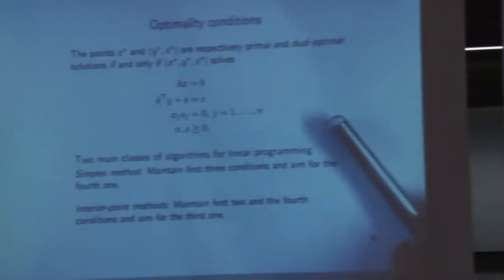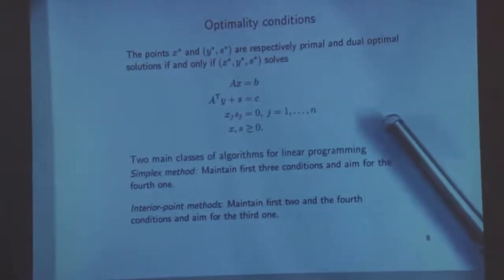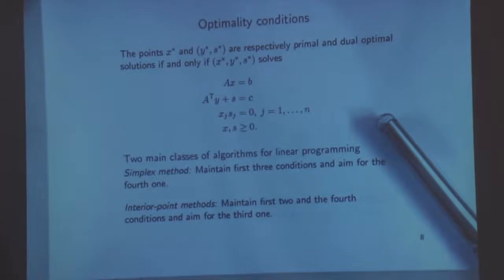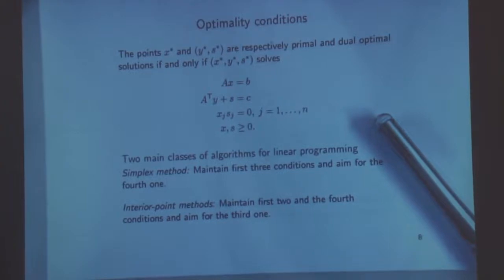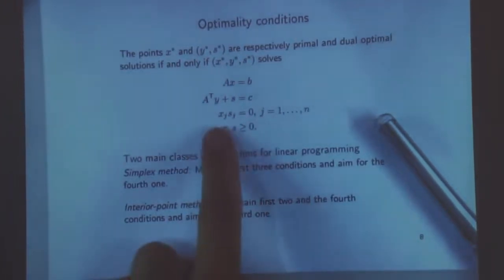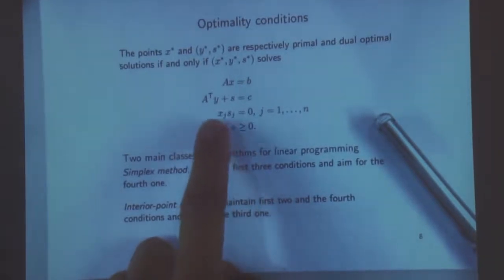So those were the optimality conditions for the original primal and dual problems. The optimality conditions for the barrier problems are here. So it's kind of like a distorted version of the optimality conditions for the primal and dual problems.